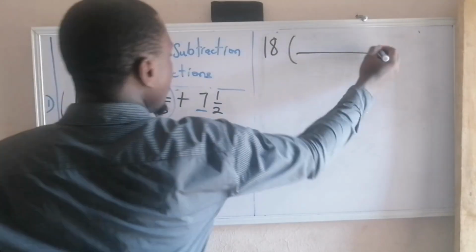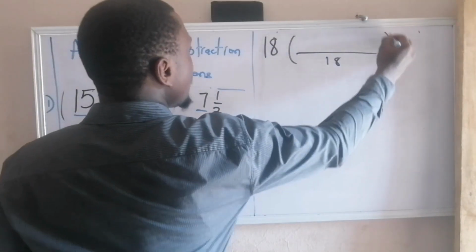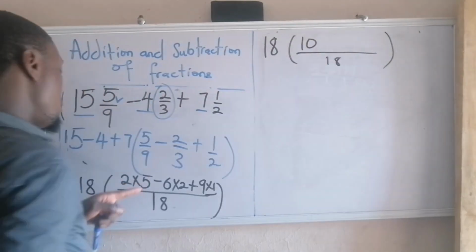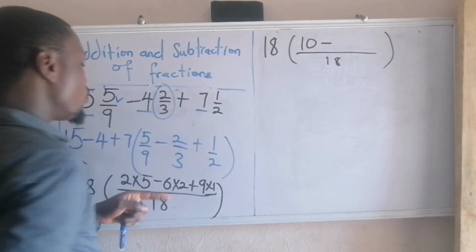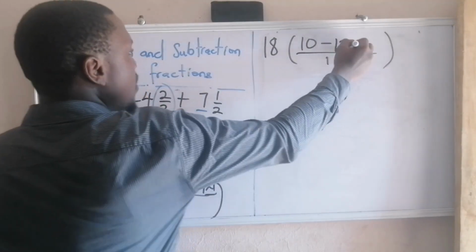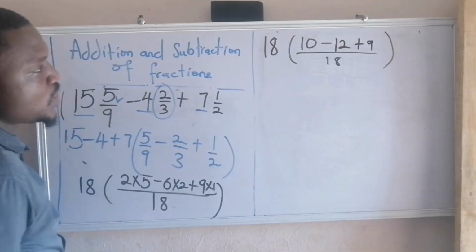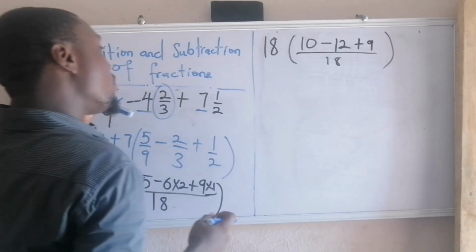Then look at the one inside the bracket, especially the numerator. 2 times 5 is 10, minus 6 times 2, that will be 12, then plus 9 times 1, that will be 9.